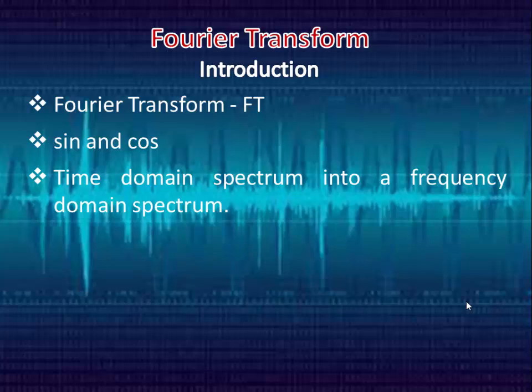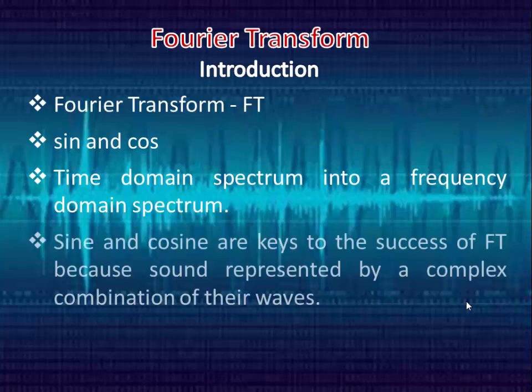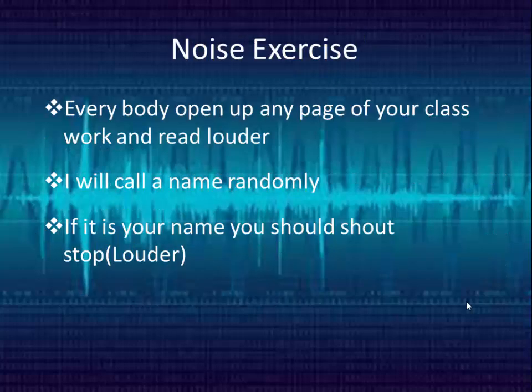So all time domain spectrums are converted into frequency domain spectrum, right? Sine and cos are key to the success of Fourier transform because sound is represented by the complex combination of their waves, and waves like sound waves will be in sine curves as well as cosine curves, right?